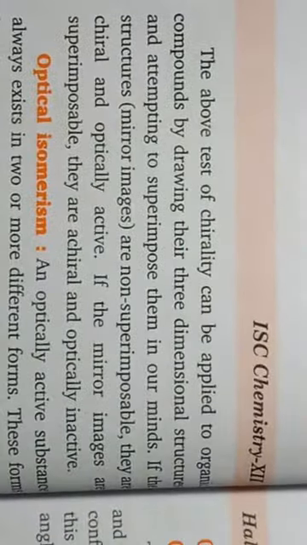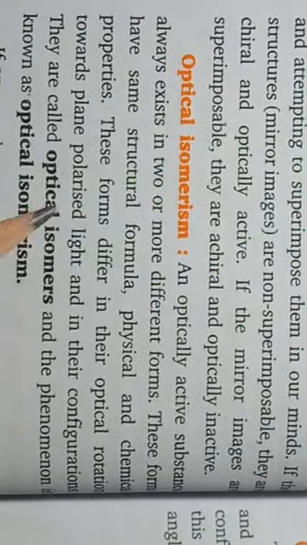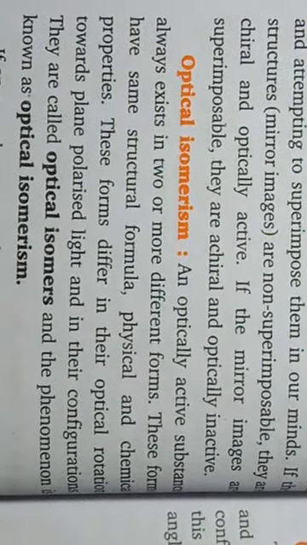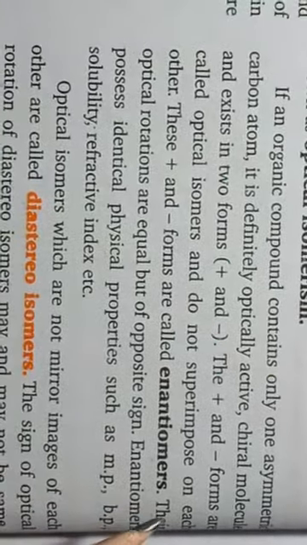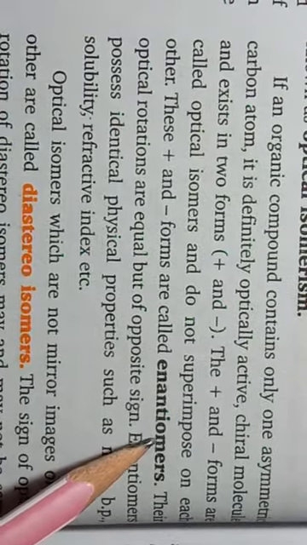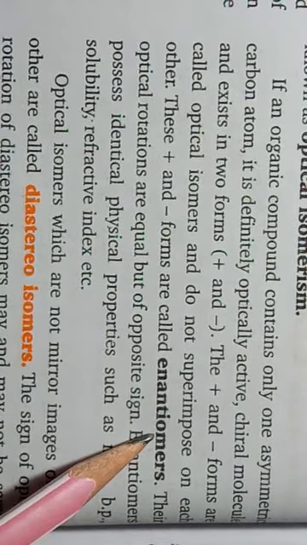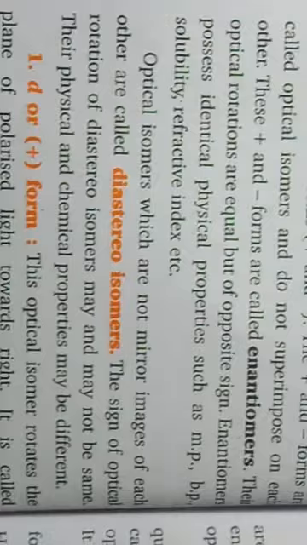Children, optical isomers are of two types. Enantiomers are the optical isomers which are mirror images of each other, and diastereomers are the optical isomers which are not mirror images of each other.